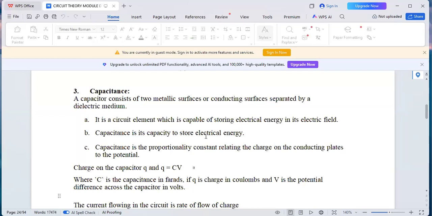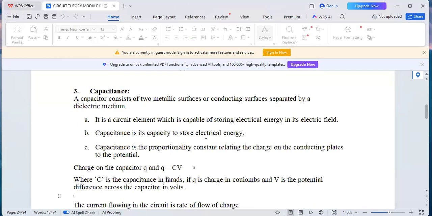So the charge on the capacitor, which is Q, okay? And then we know Q equal to CV, which is what? Capacitance times voltage, where C is the capacitance in farad, Q is the charge in coulombs, and V is the potential difference across the capacitor in volts.